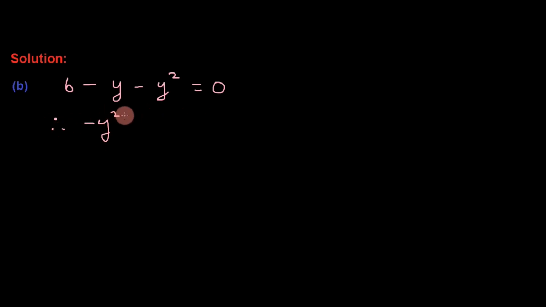So it's minus y squared minus y plus 6 equals 0. This is now in standard quadratic form, and we can write down the values of a, b, and c. So a is the y squared coefficient, which is negative 1. b is the y coefficient, which is also negative 1. And c is the constant, which is 6.